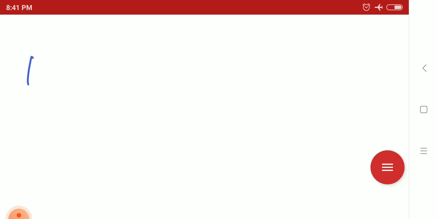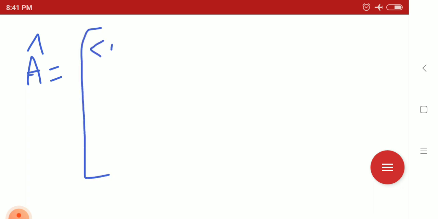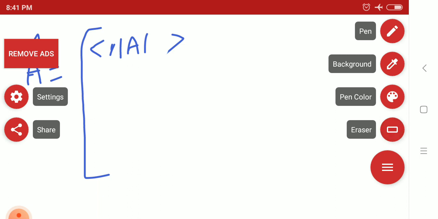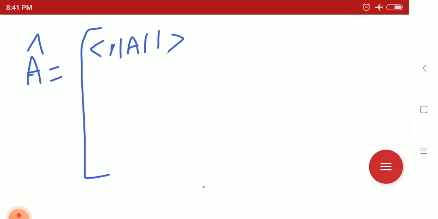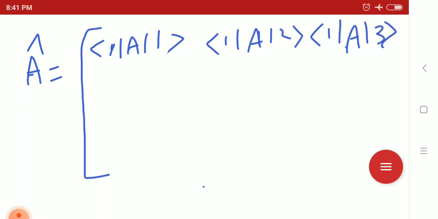Suppose we have a 3 by 3 matrix, we can represent the operator in a 3 by 3 form. Here the first row will be bra 1 A ket 1, bra 1 A ket 2, bra 1 A ket 3.